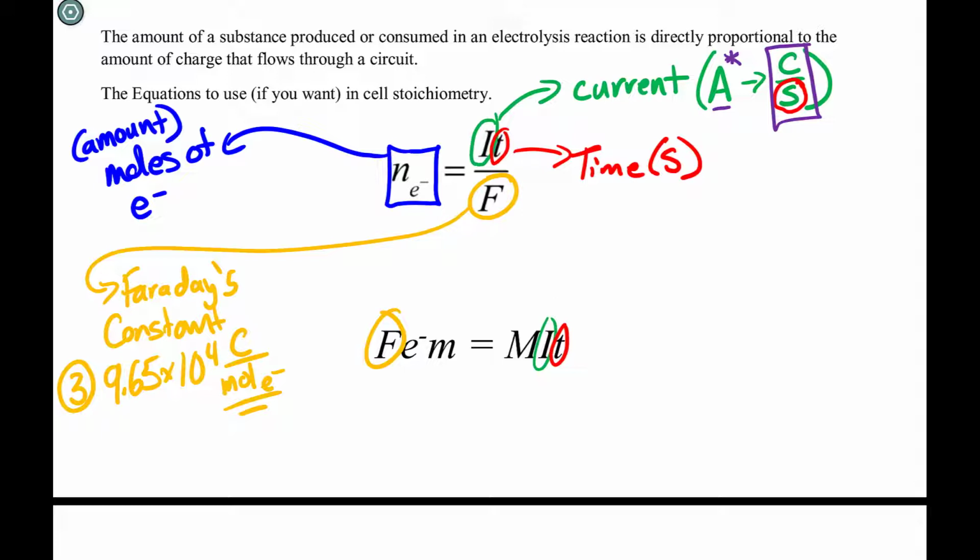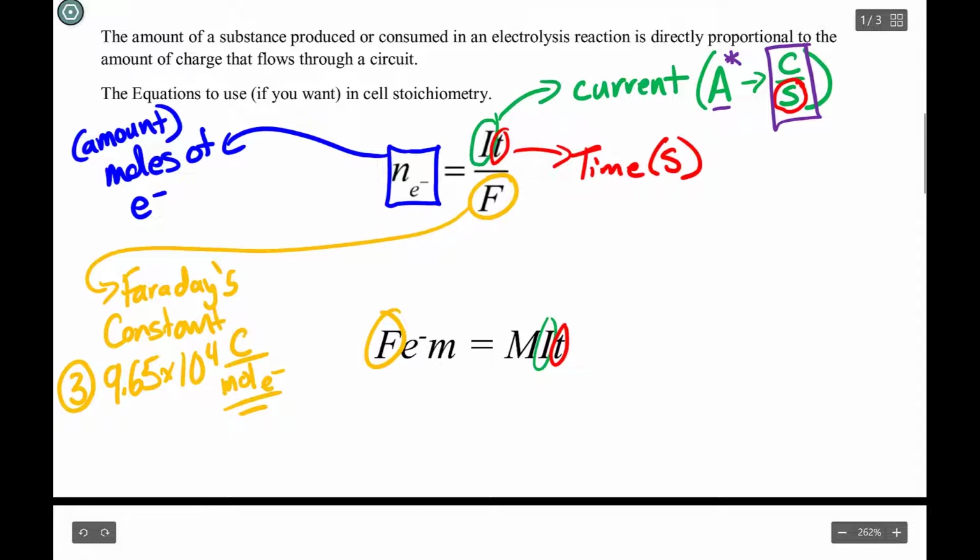Another way I know I'm using this equation is if the question doesn't give me the mass of a substance or the moles of a substance, say like moles of copper or magnesium or something, which is in this equation here. If I'm not given this, like the mass or the moles, then I have a pretty good idea that I'm going to be using this equation here.